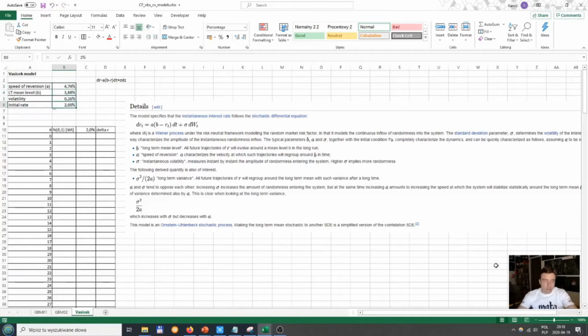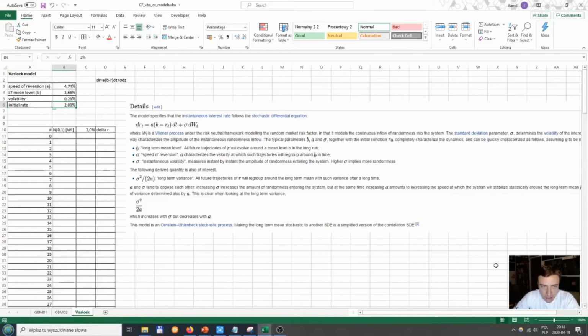In our exercise, we have long-term mean of 3.66%. It comes from some interest rate that I modeled. We have some volatility, but an assumption is that we start with 2%, and we will revert to this long-term mean level with some given speed of reversion.